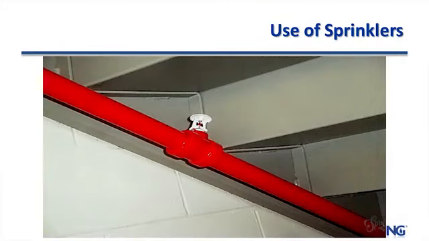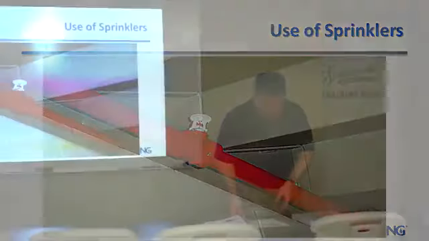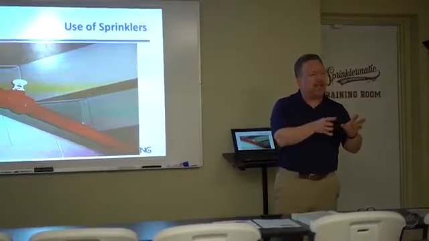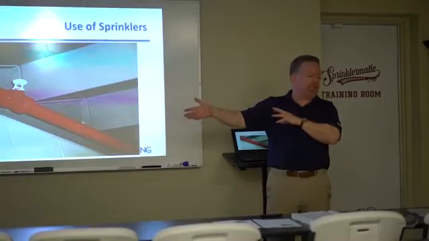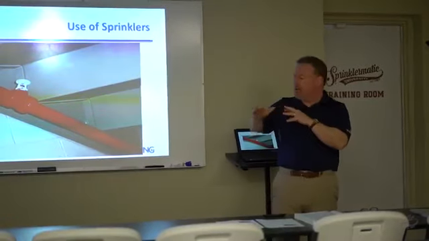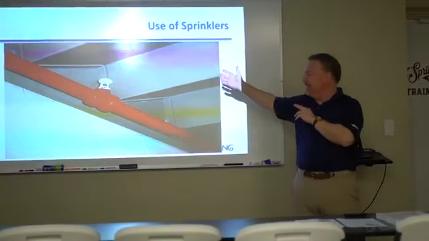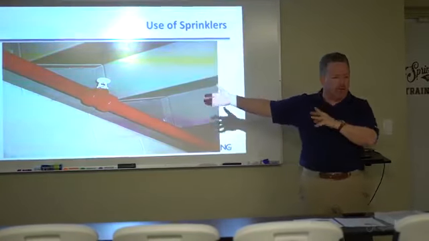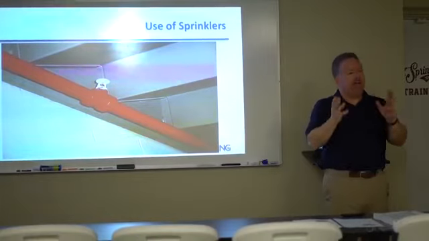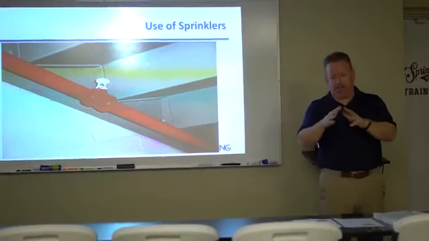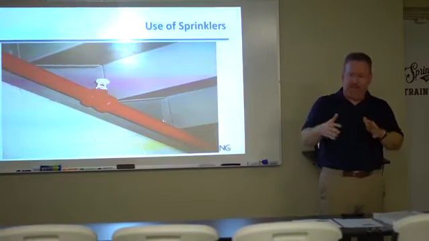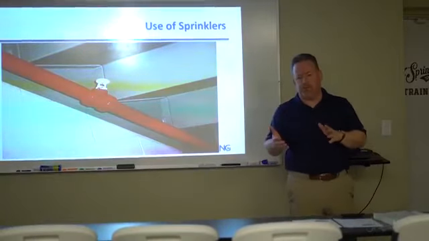So let's take a look first at the use of sprinklers. When we're looking at a sprinkler, and we take a look at the deflector, the frame arms, its orientation, NFPA 13 has very specific guidance as to how that sprinkler is to be used.